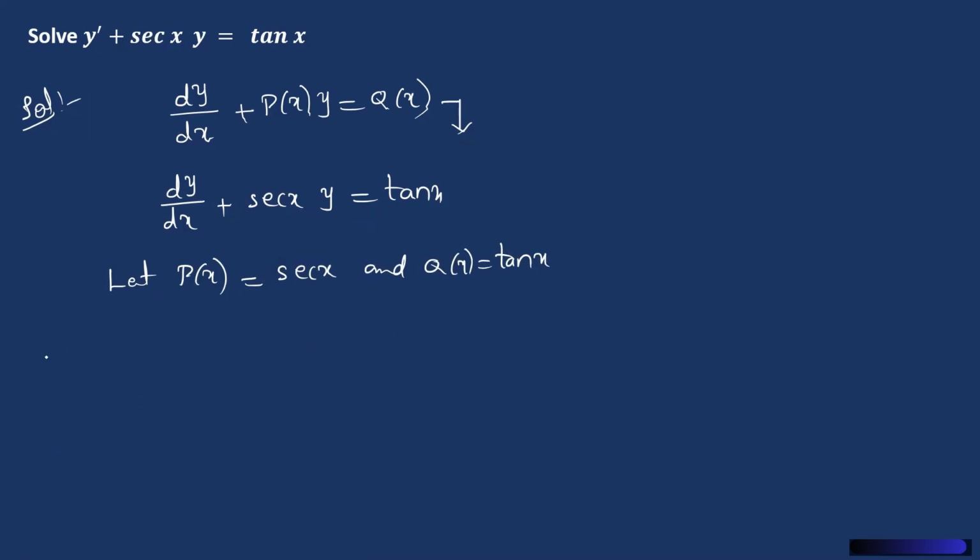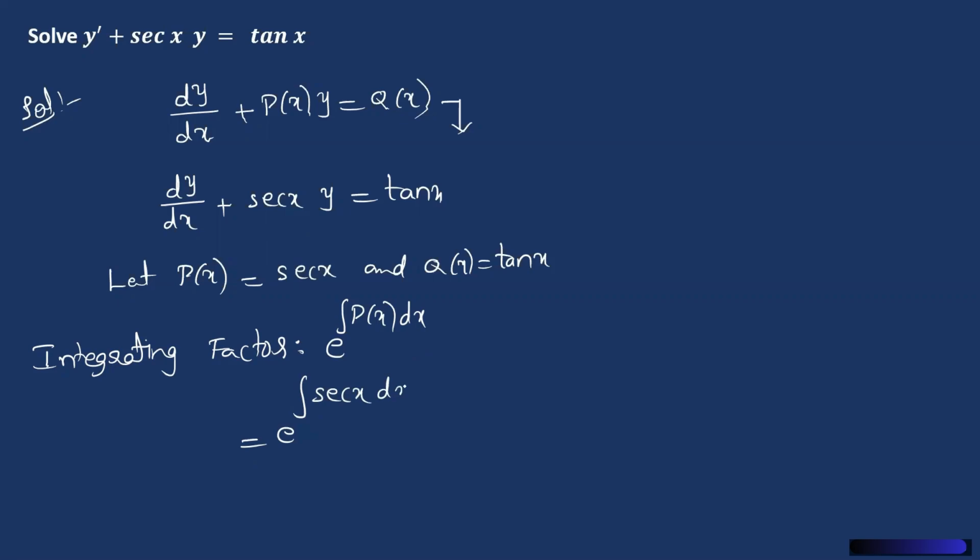Now keeping this in mind, I'm first finding the integrating factor. So to find the solution, as this is a linear differential equation, the first step is to find the integrating factor. So how can you find the integrating factor? In this case, it is e to the power of integration of p of x dx. And so it is equal to e to the power of integration of, see, p of x is secant x, so it is secant x dx.